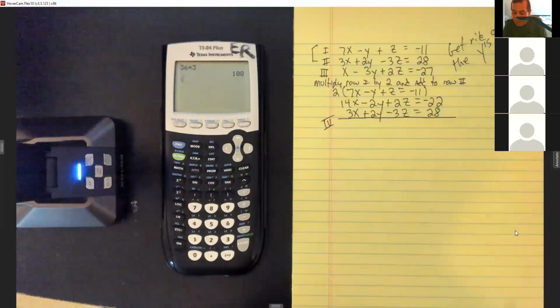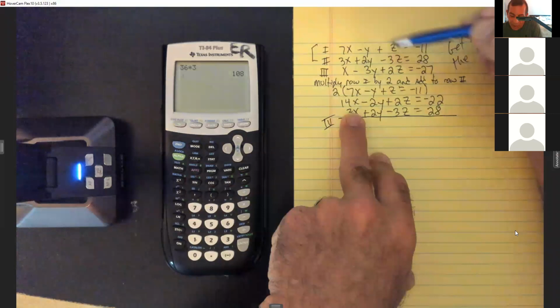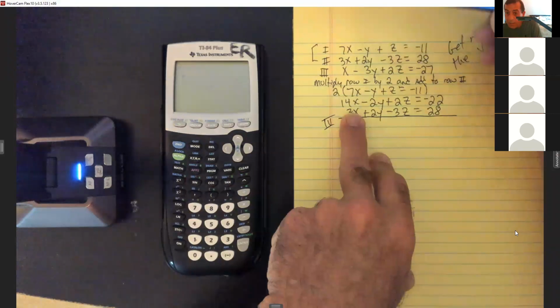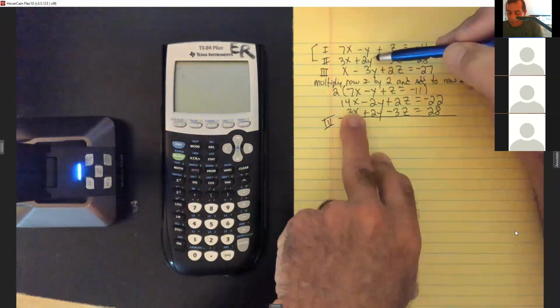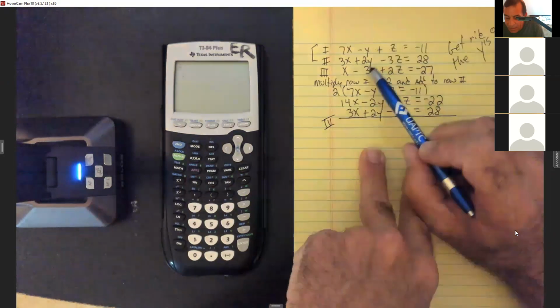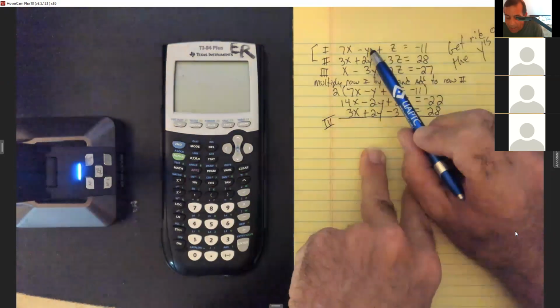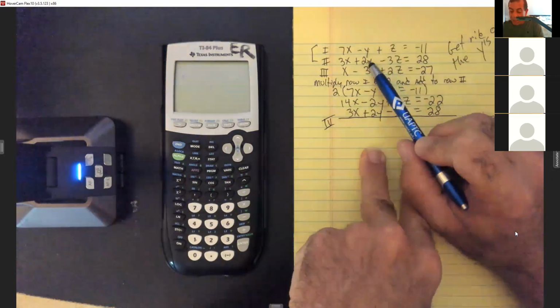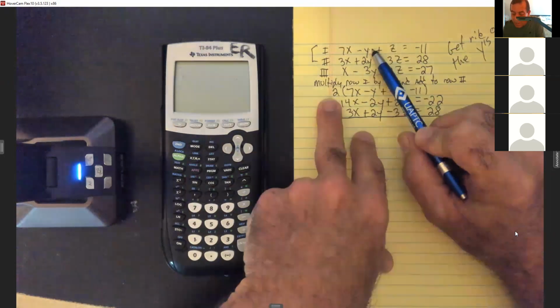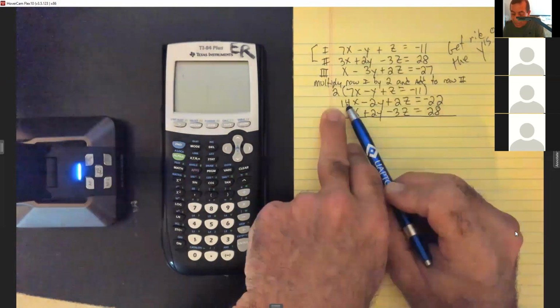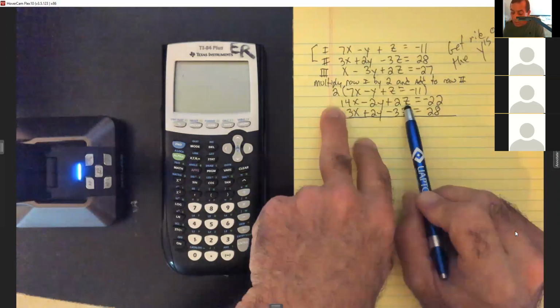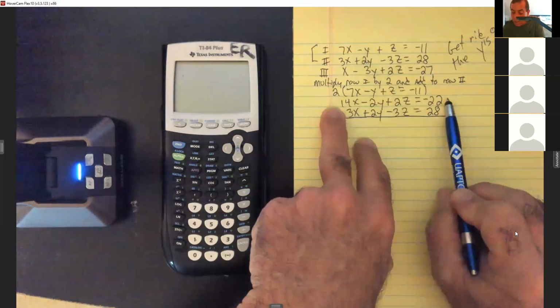All right, so I had them all written up here, and I was looking at the y's and the z's and the x's. So I figured I'm going to get rid of these y's. Since that was a negative y and that was a 2y, I multiplied row 1 by 2 and changed it to 14x minus 2y plus 2z equals negative 22. Then I brought row 2 down to add to it.